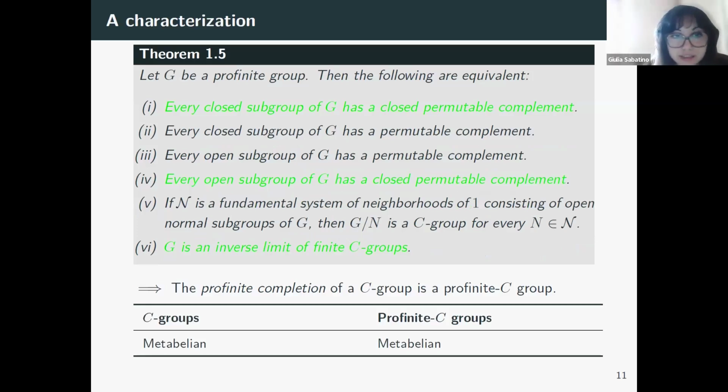Point 6 also ensures that, just as C groups are metabelian, profinite C groups are also metabelian. In particular, the topological closure of the commutator subgroup is an inverse limit of finite groups which are isomorphic to a finite quotient of the commutator subgroup of a C group. So it is an inverse limit of abelian groups, so it is abelian.